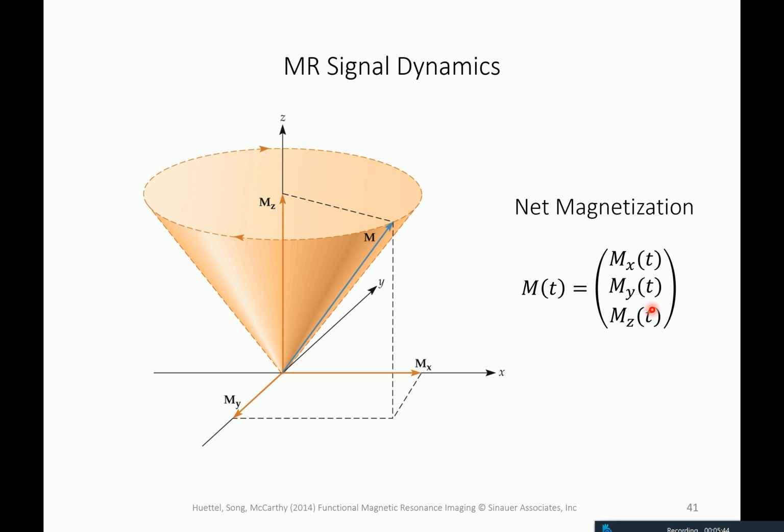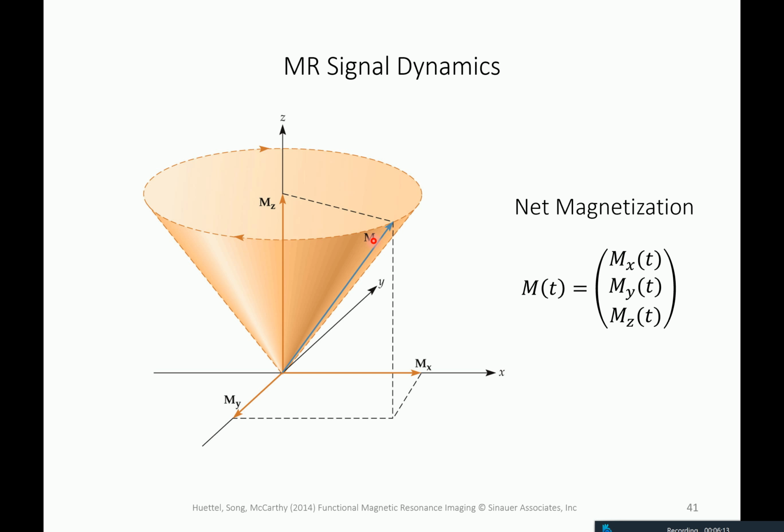So what we're talking about here is a three-dimensional entity, this net magnetization vector, and what we will talk about is how this net magnetization vector evolves over time. So be happy with the thing that this M is a three-dimensional thing. If you want to envision it, you can envision it as an arrow in 3D space, and that's how you should think about it.